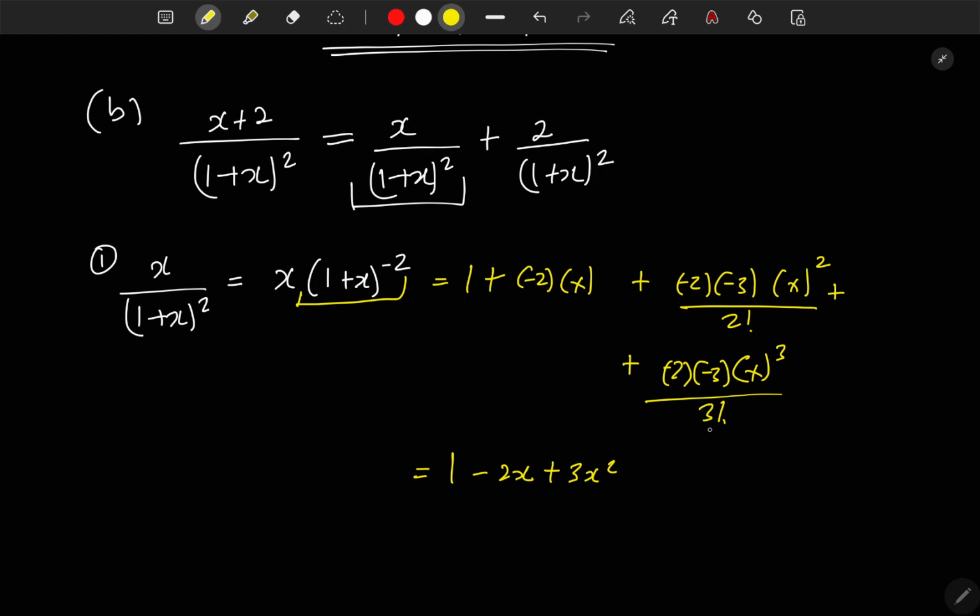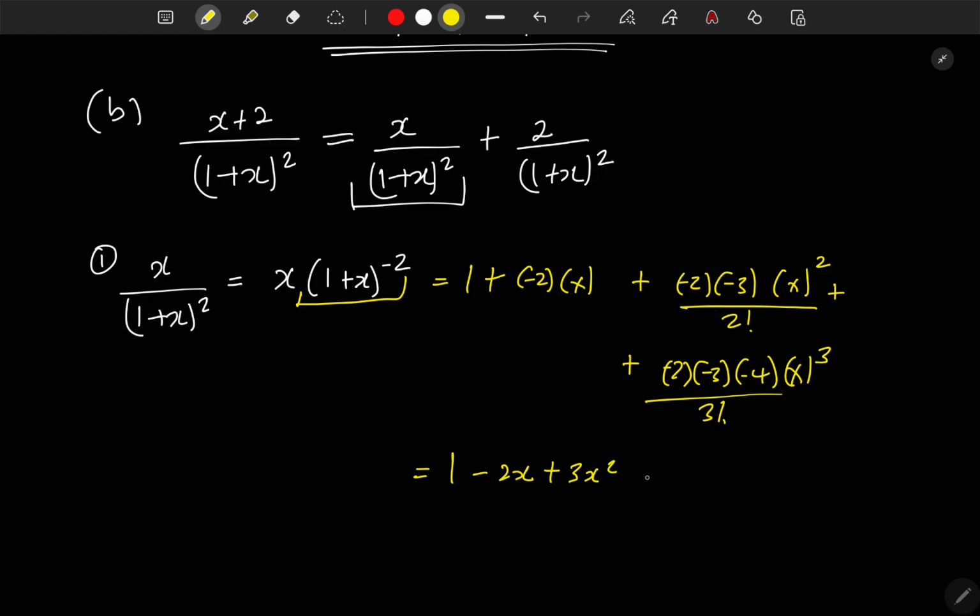Oh, there is a negative 4 here. I forgot something. Negative 4 and x to the power 3. Better. On 1, there will be minus 4, for us to have negative 3 here.